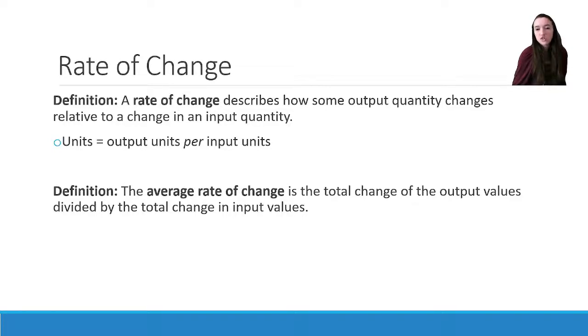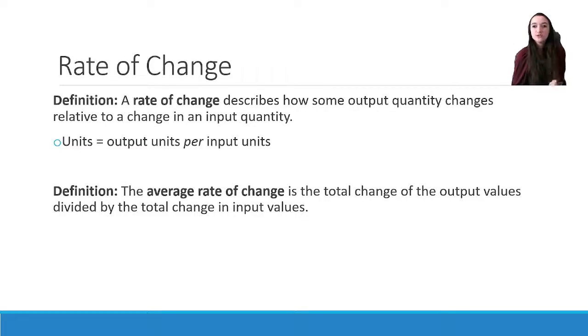You know you changed a lot, but if someone asks you how fast you were going, you wouldn't necessarily know. With an average rate of change, you would be able to say, well, I might not know at any given moment how fast I was going, but I could tell you in general how fast I was going on average.